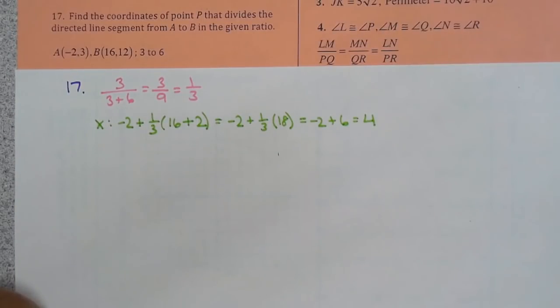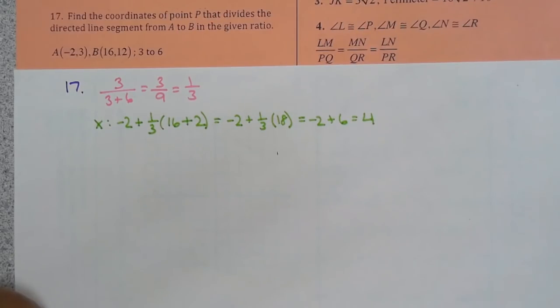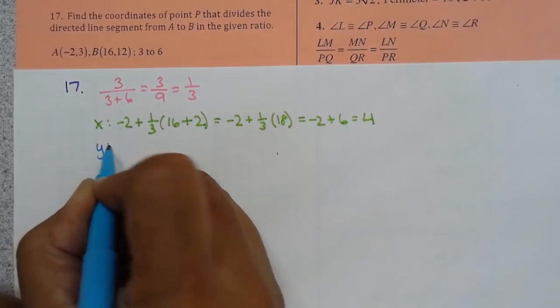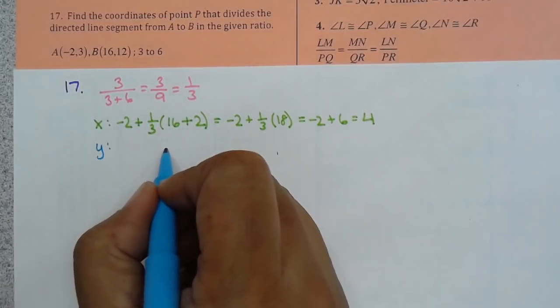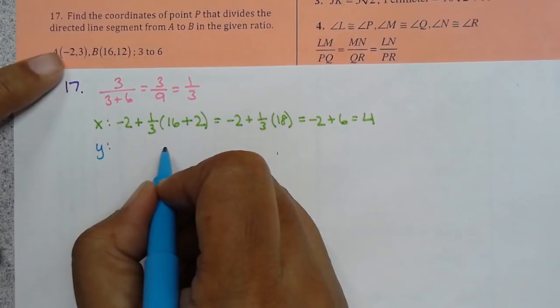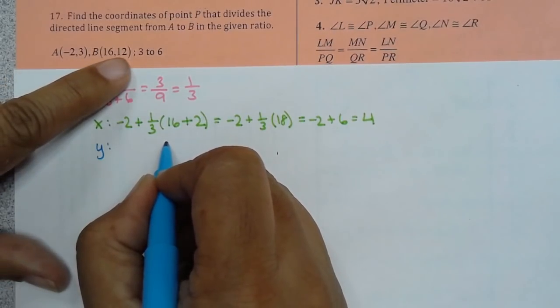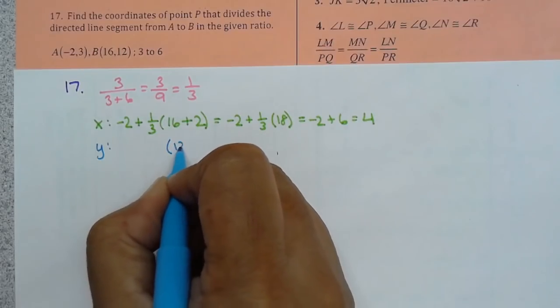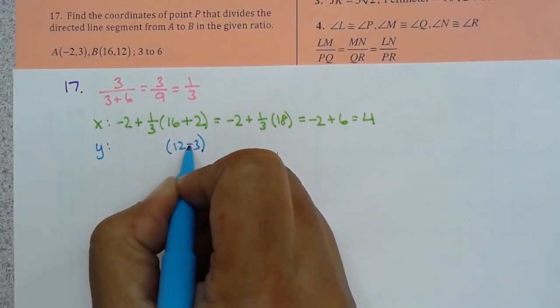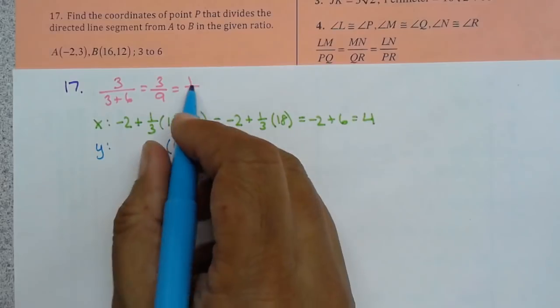All right, but we're not done because we actually still have to find the y value. So I'm going to do the same thing with y. So I need to find how far it is from A to B with my y values. So I'm going to take 12 and subtract the 3. And that will be a value that I'm going to take 1/3 of.